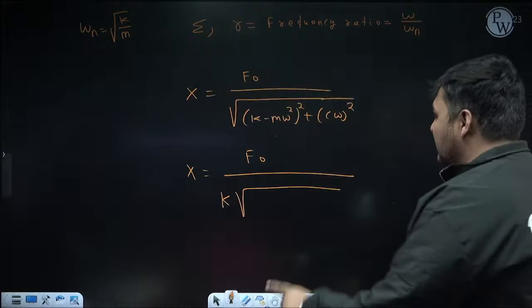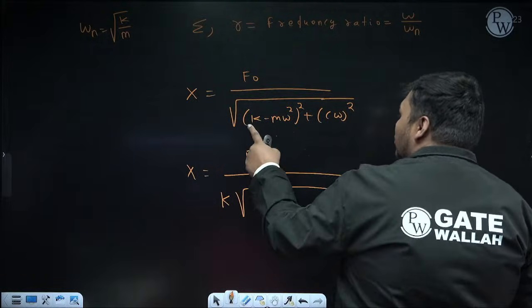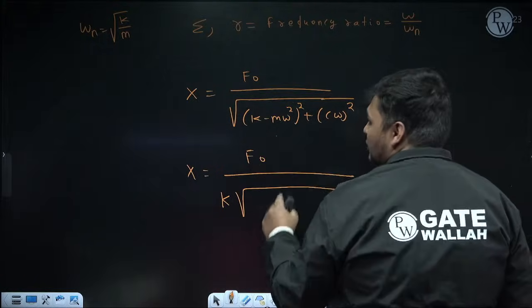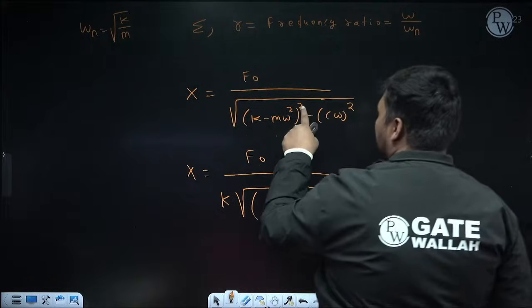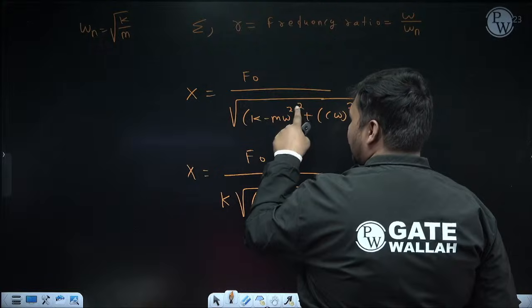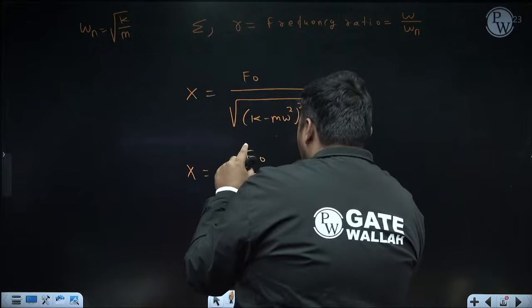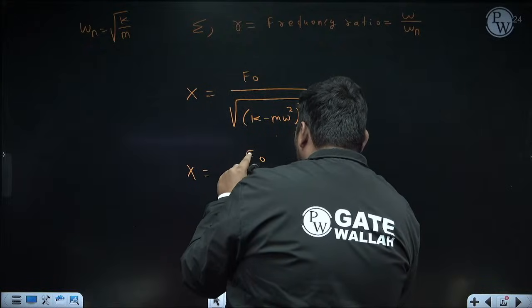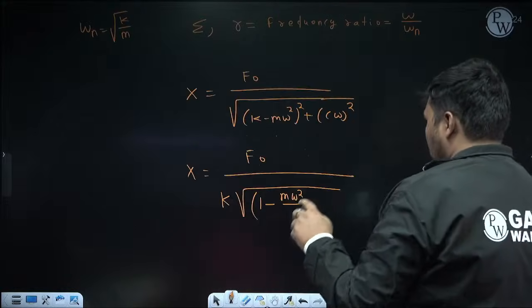So inside the root we need to divide this expression by k square, since we have taken k square common. Here the square is already coming, so divide this term by k. So k by k will be 1, minus m omega square by k.